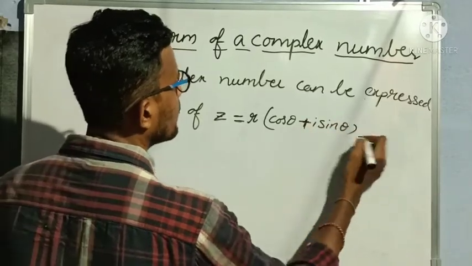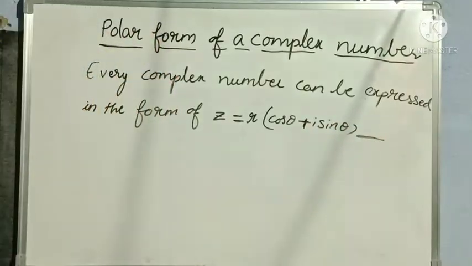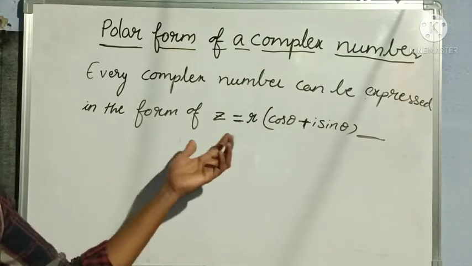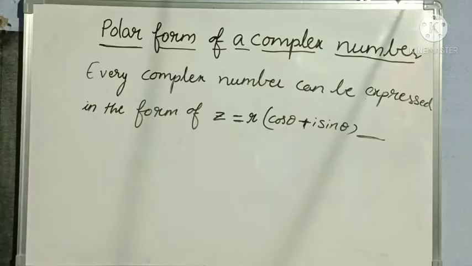Anyhow we are using Z for representing complex numbers, right? This is nothing but the polar form of a complex number. Let us see how we got R. Z is equal to R of cos theta plus i sin theta.